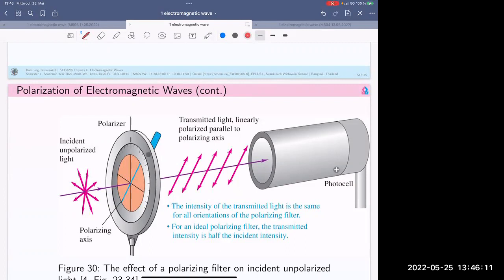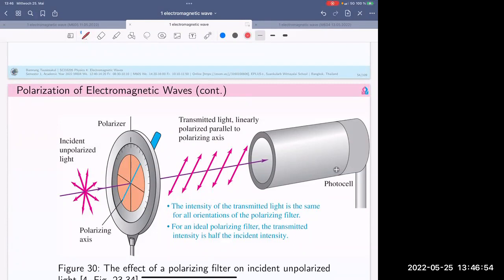For example, if you move the polarizing axis in this way, only the light that has a polarizing axis corresponding to this line will be able to transmit through this filter, and this amount of light will finally be collected to reach the measurement device. The transmitted light is linearly polarized parallel to the polarizing axis.